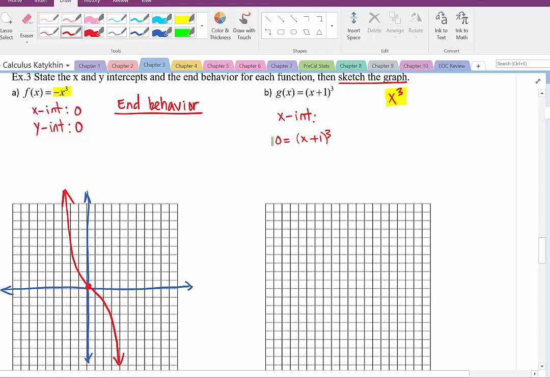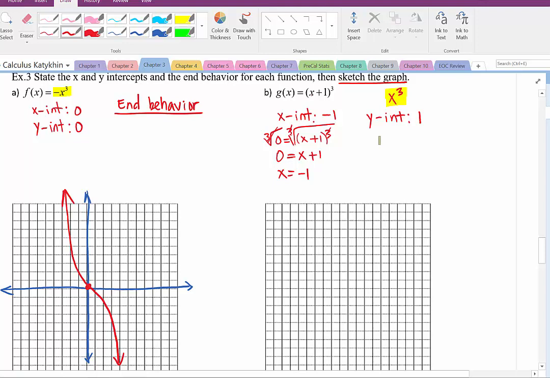Well, taking the cube root of both sides, the cube root and the cube cancel, and you still get 0 is equal to x plus 1, which gives you x is equal to negative 1. So our x-intercept is negative 1. Our y-intercept is going to be: replace x with 0, so 0 plus 1 cubed is still going to be 1. So that's going to give us a positive 1.